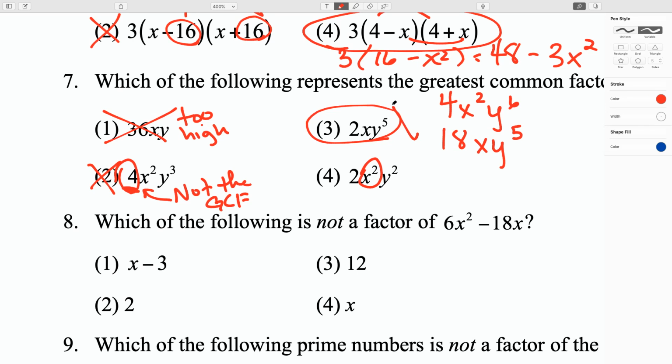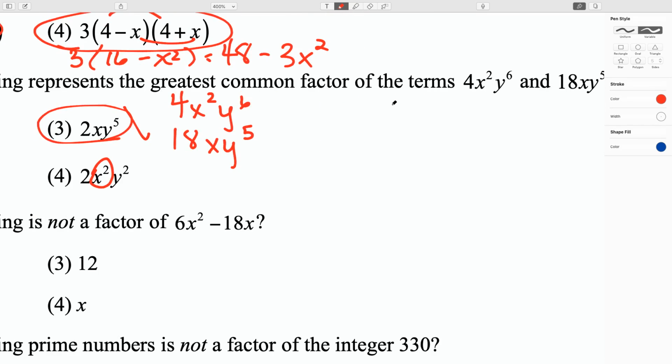I'd like to show you one more way you can do this problem, just to see if it makes a little more sense. You can write the prime factorization of both. So 4 would be 2 times 2. X squared would be x times x.